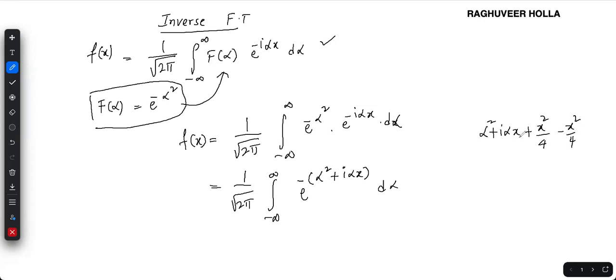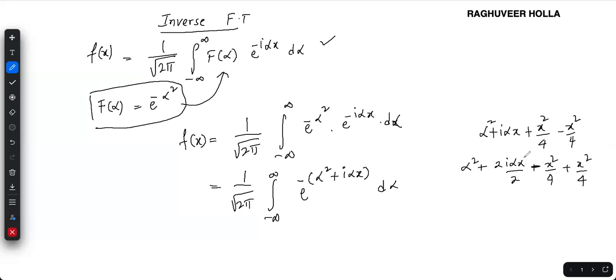Okay, and I multiply this here, this 2 times i alpha x by 2, right? And now put this as minus and this is plus x square.